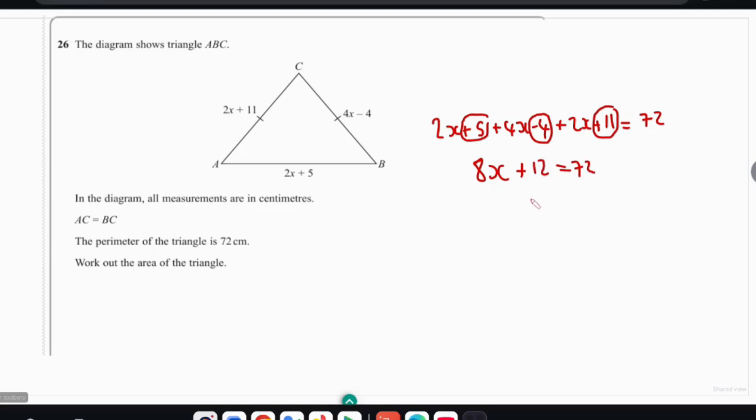I'm going to solve this equation by taking 12 off both sides. Divide both sides by 8. Gives you x is 7.5.